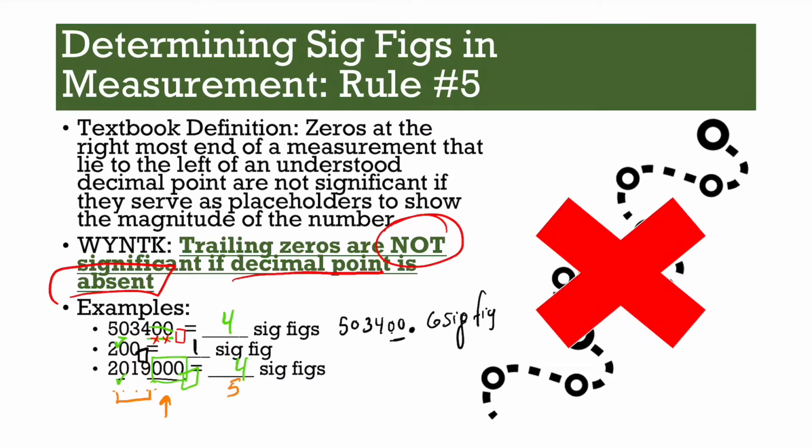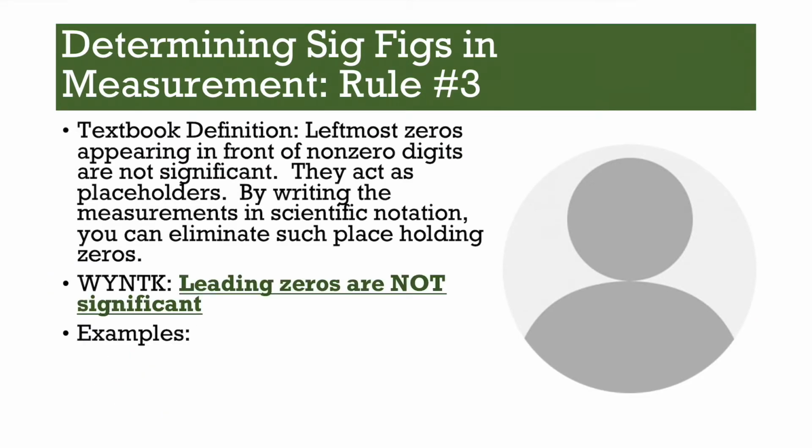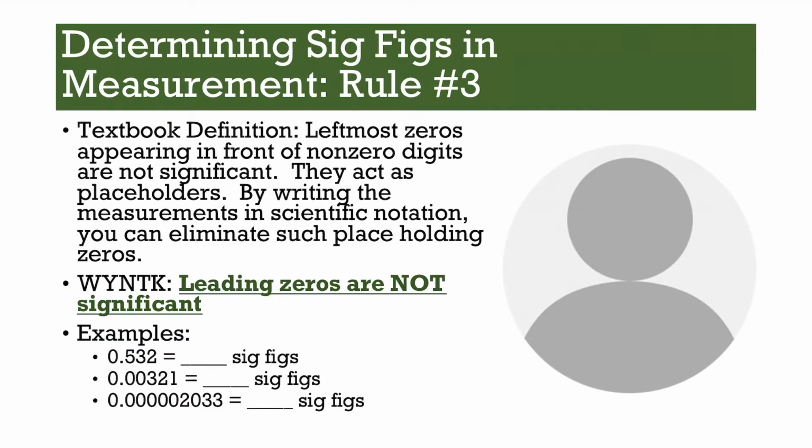So just to go back a second, we had 3, 3, 4, and 4 significant figures. If you have a number with a bunch of leading zeros, you can avoid that by writing it in scientific notation.